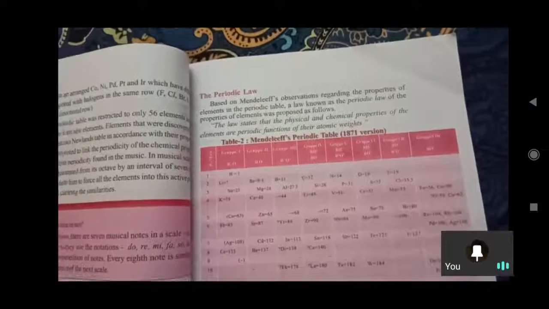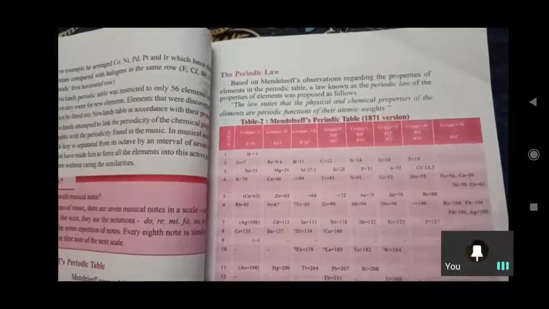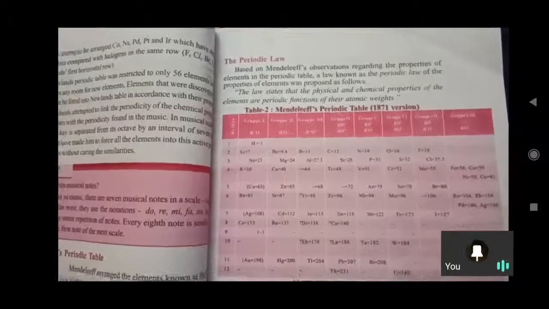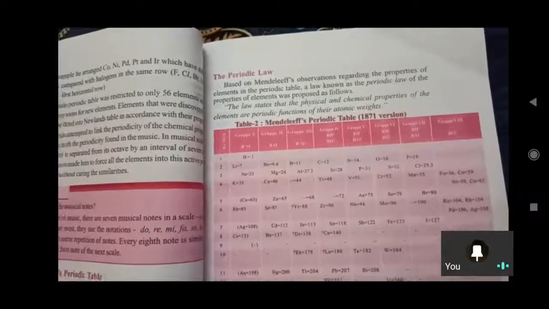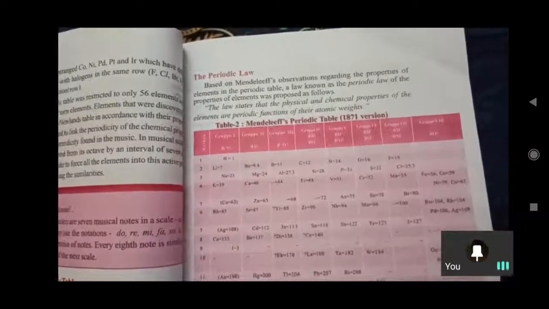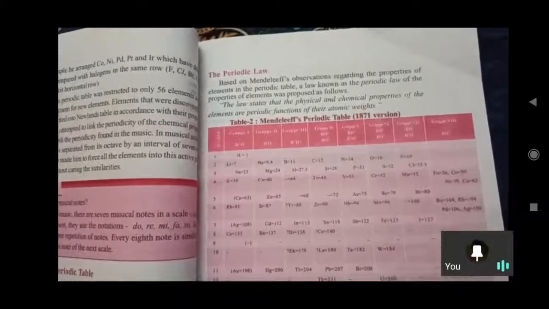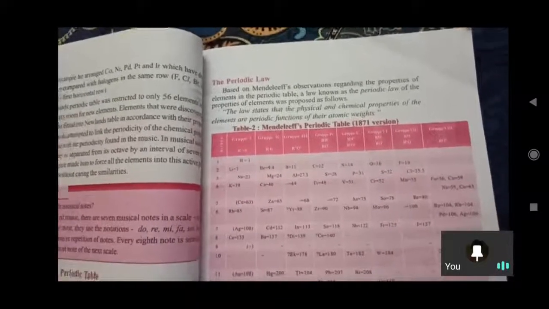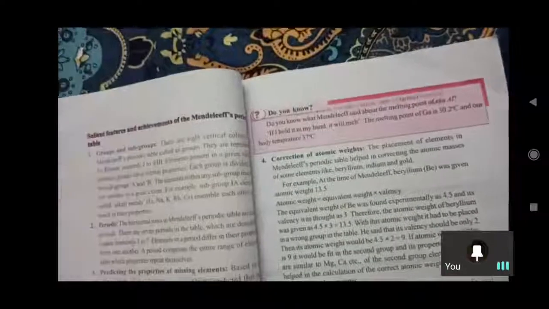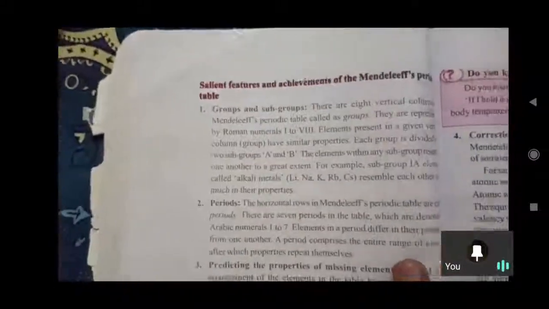On the basis of reaction with oxygen and reaction with hydrogen, he divided into columns. Those columns he named as groups. And horizontal rows with different chemical properties he has selected. Those are called periods. And these periods and groups we are now using in the modern periodic table. And how he grouped and subgrouped, that we will discuss tomorrow. Okay.